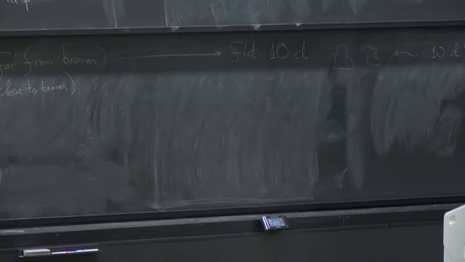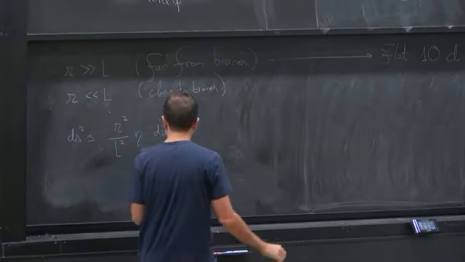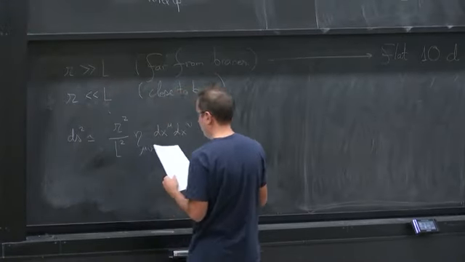And we get R squared over L squared eta mu nu dx mu dx nu plus, and then there will be L squared over R squared from the second square root.